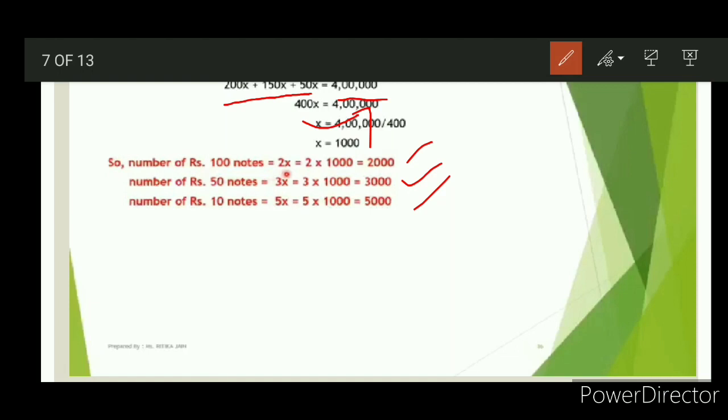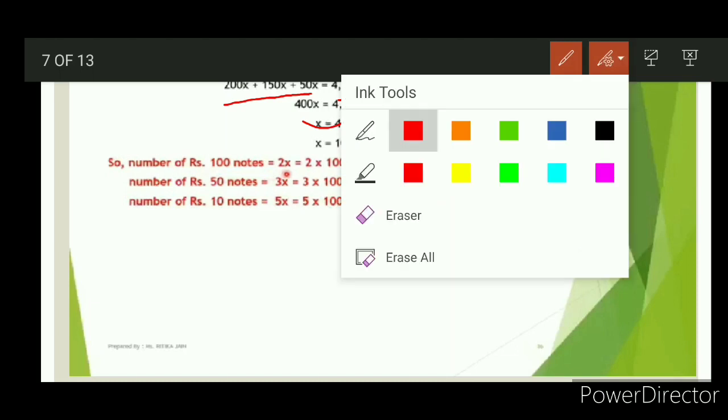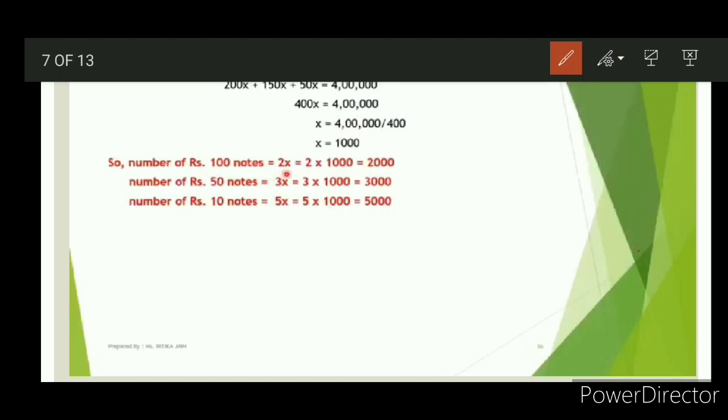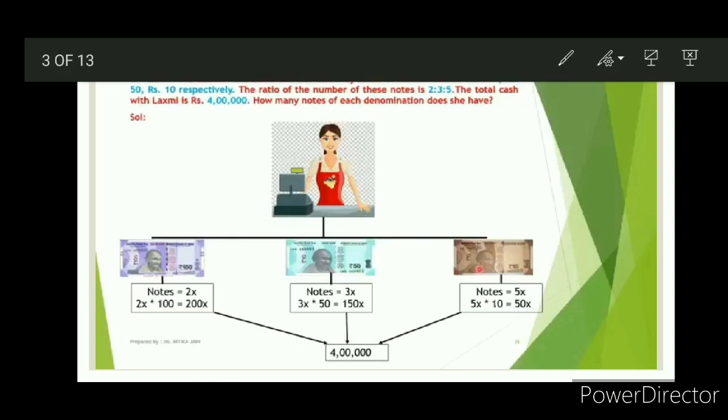But if we find the denomination, the value of those currency notes is 4 lakhs. Understand children? Yes. When you are writing, copy down this box answer, children. In this way only you copy down, no problem.